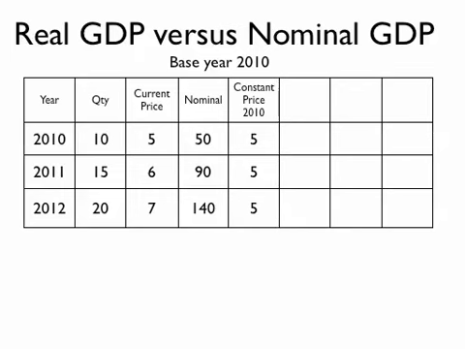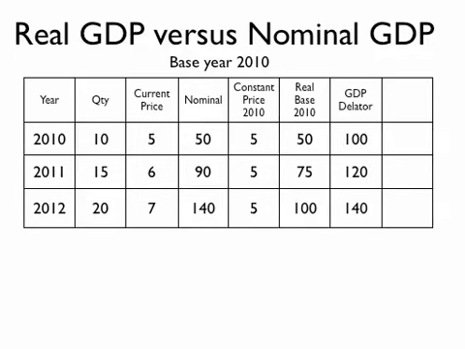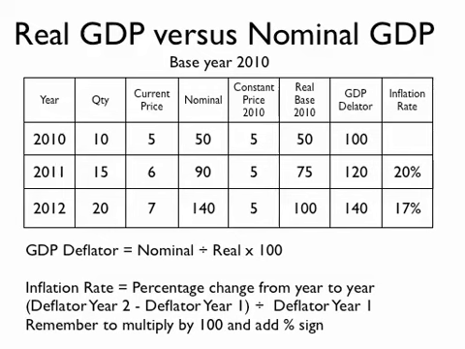Now when we multiply the quantity times the constant price, we would get the real GDP with a base year of 2010. Once we have that data, we can now calculate the deflator, and we can also calculate the inflation rate. Remember, the deflator is simply the nominal divided by the real times 100. The base year is going to be the same thing, 50 and 50, so our deflator would be 100.